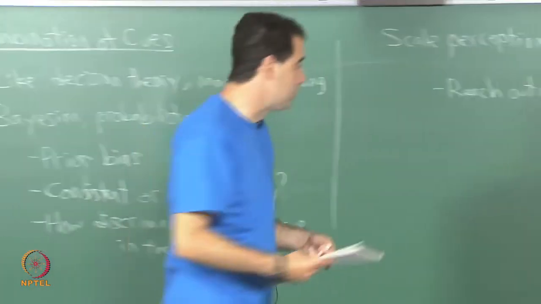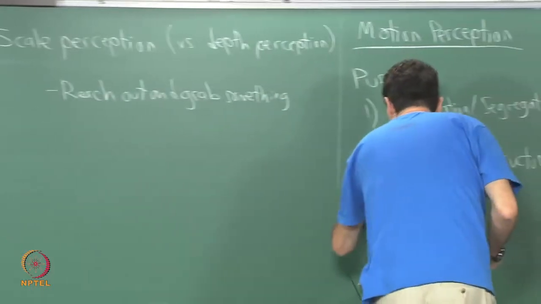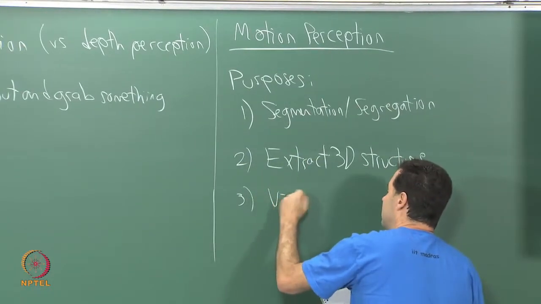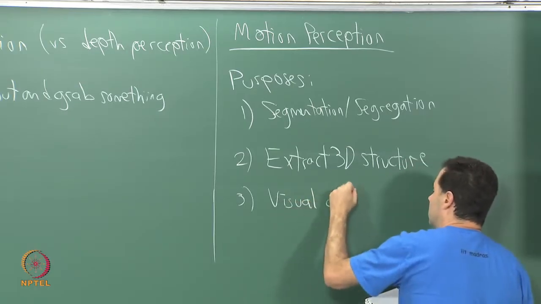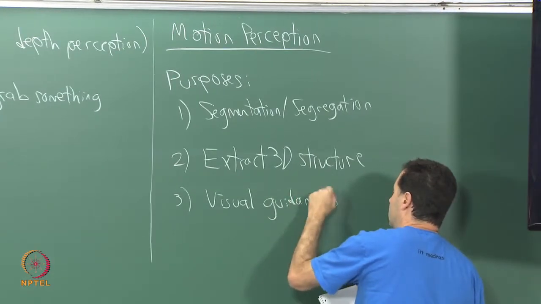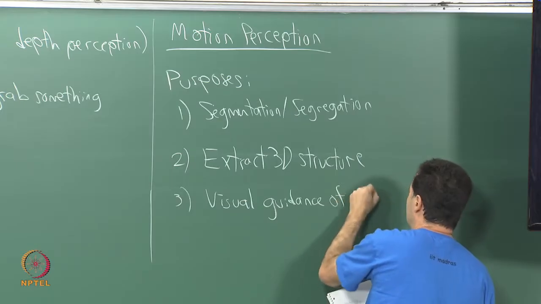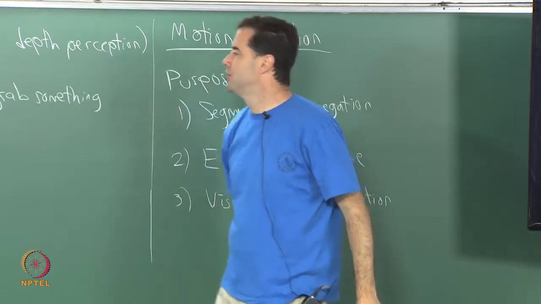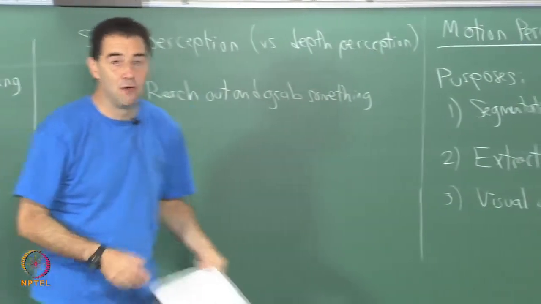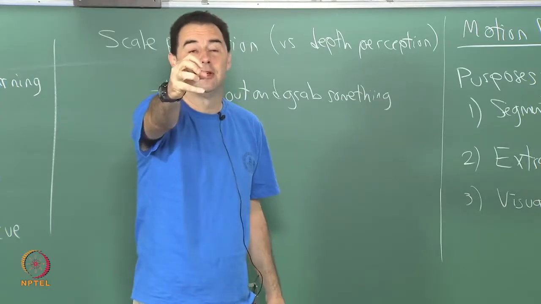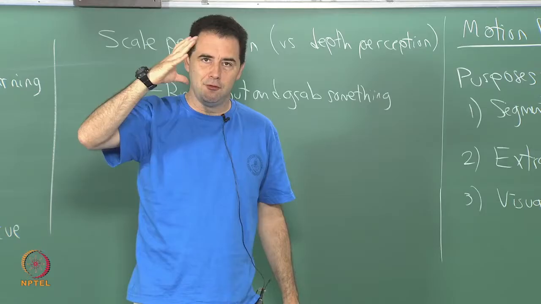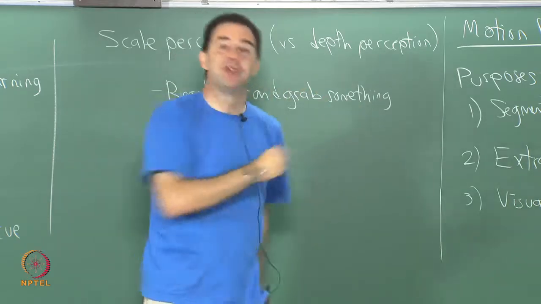And finally, another key purpose is visual guidance of action. And this is exactly part of where I wrote on scale perception here, one of the important aspects: reaching out and grabbing something. If we want to reach out and grab something, then we are using motion perception.